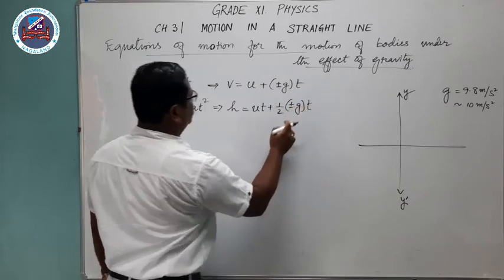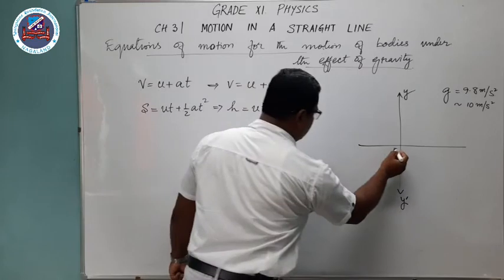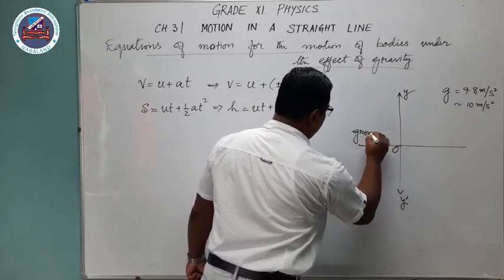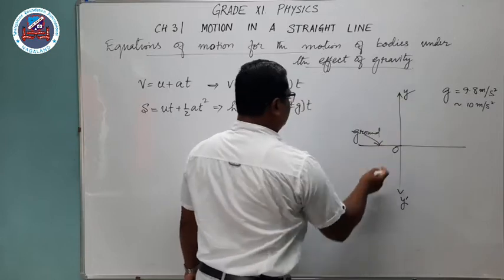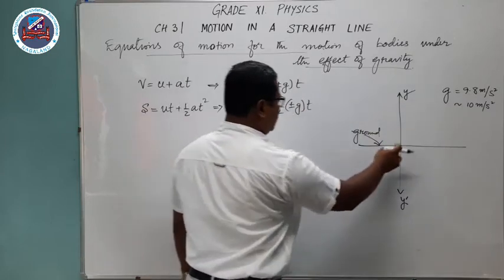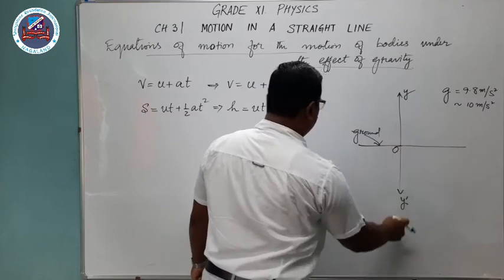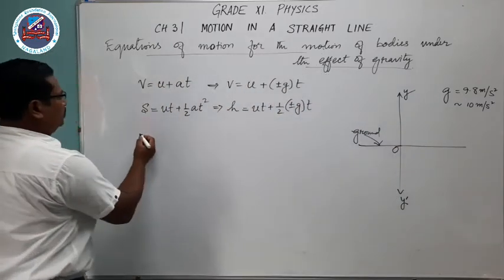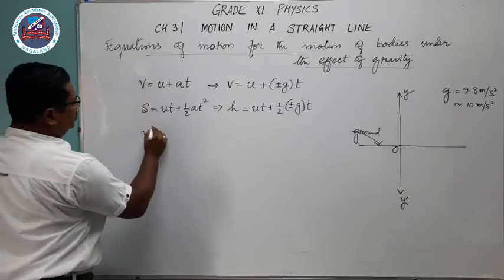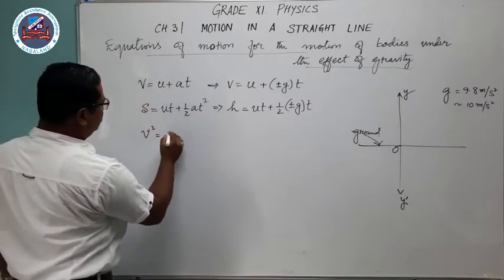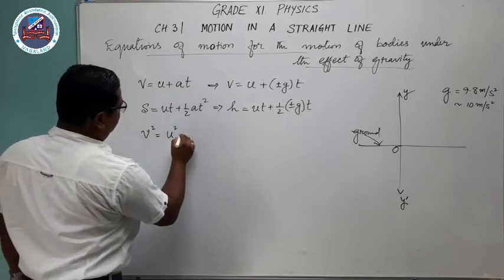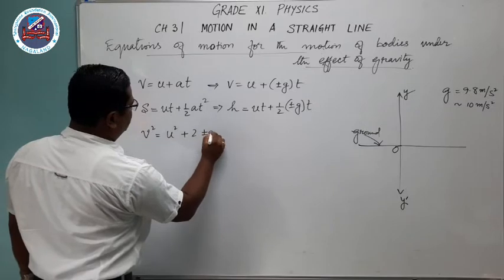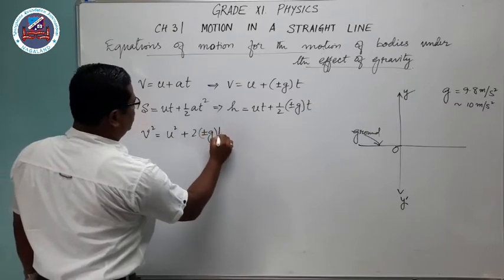Here also, above the ground level we take g as positive, and if the body is coming down, then we take it as negative. And the third equation of motion, that is your position-velocity relation, v square is equal to u square plus 2 plus or minus g h.